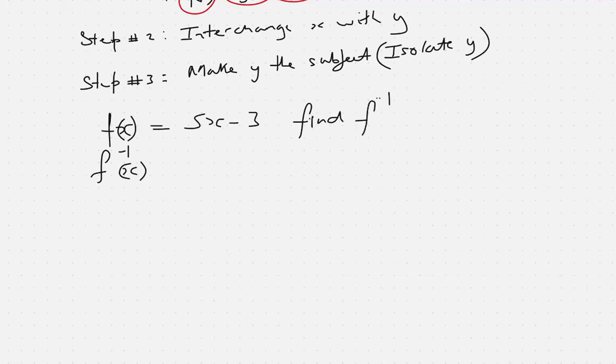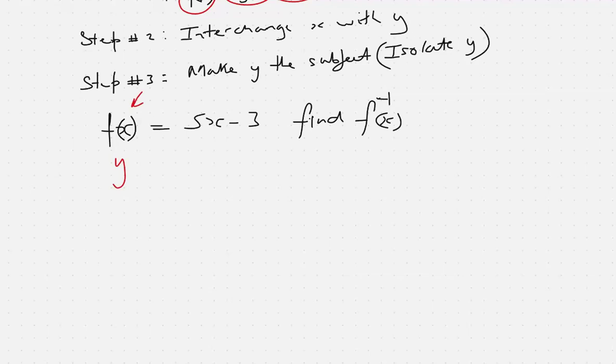So, step one. Watch this now. Very easy, guys. I'm not saying it's easy because I'm a math teacher, I'm just saying it because it actually is easy. Step one, replace this symbol right here with what? y. So y goes there, and that's going to be equal to 5x minus 3. Step one, done.